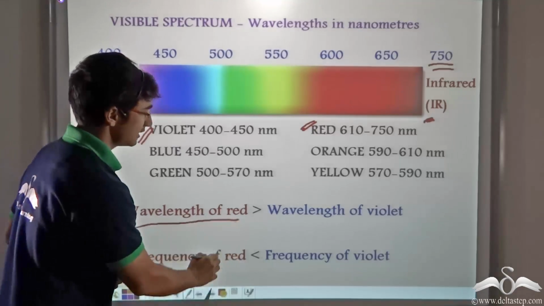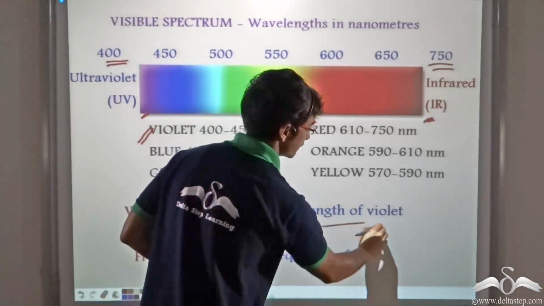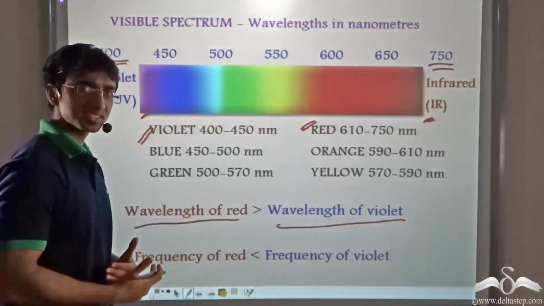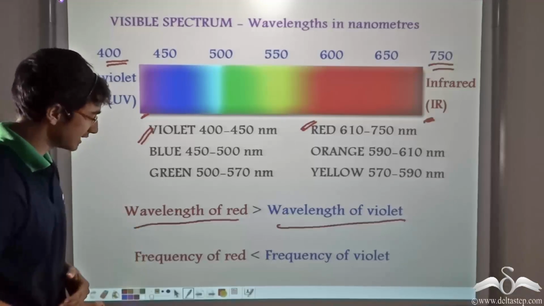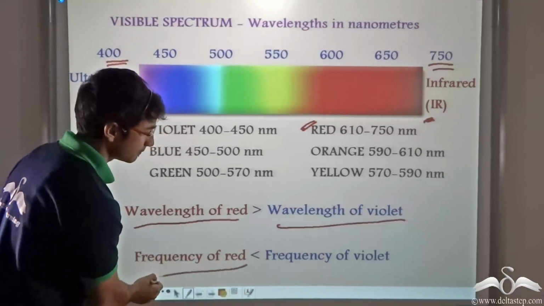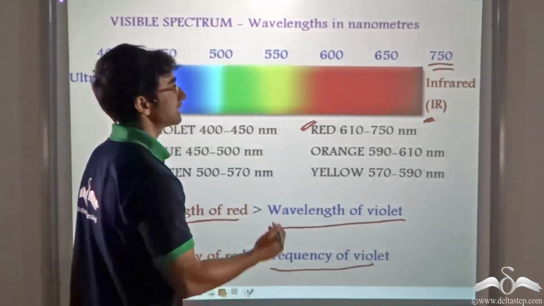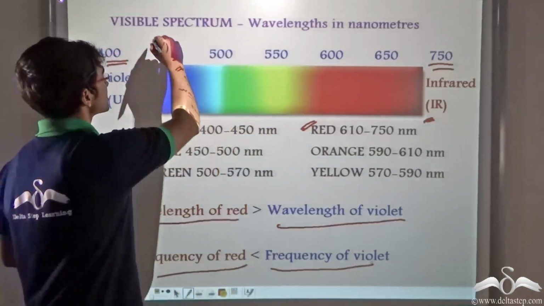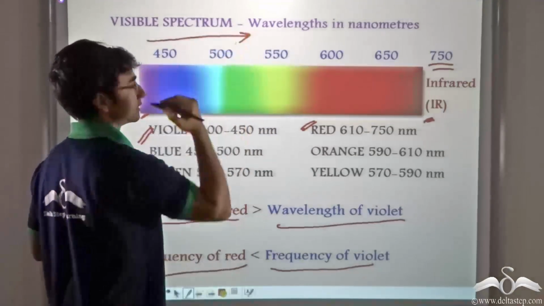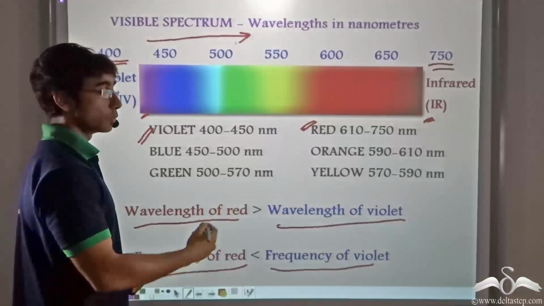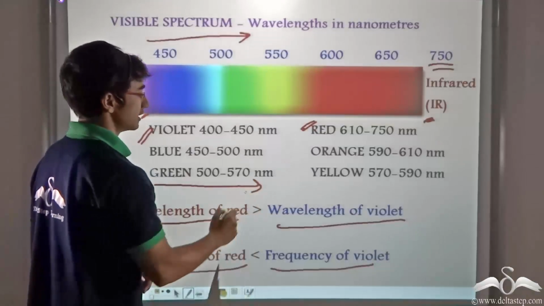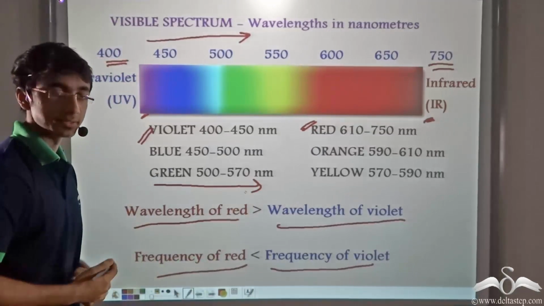So the wavelength of red is greater than the wavelength of violet. And what does this imply? This implies that the frequency of red is lesser than the frequency of violet, and the frequency decreases on going from violet to red. Likewise, the wavelength increases in going from violet to red.